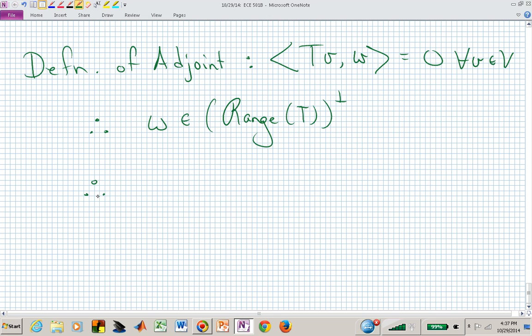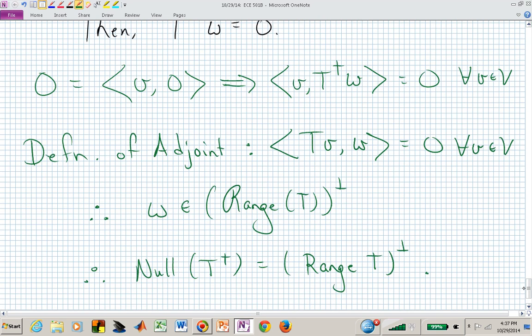Sorry, I had a hard time. Where do you think the saying that W is the range of T? Okay, so let's now go back and see if I can try to rephrase that. The question was, I didn't follow your argument for why W ended up being in the orthogonal complement to the range of T. Is that the question?